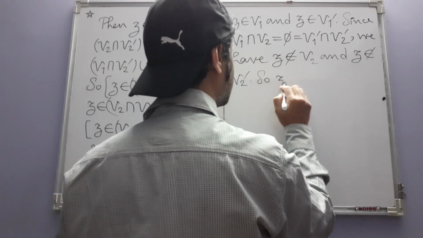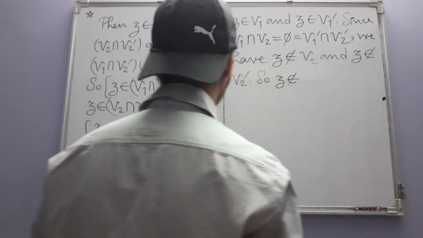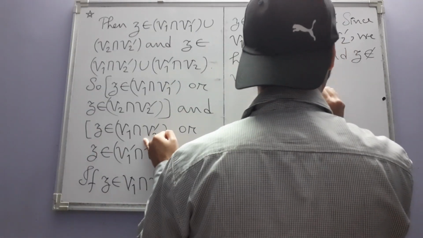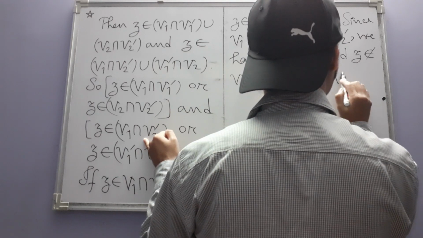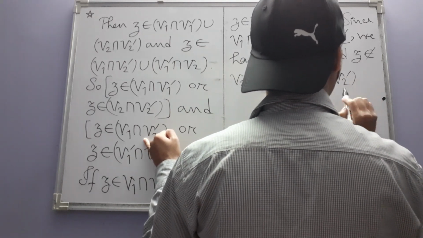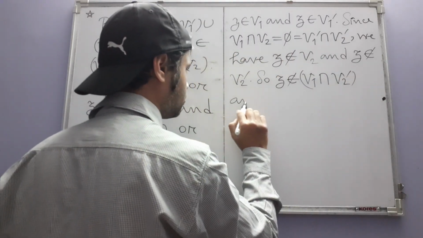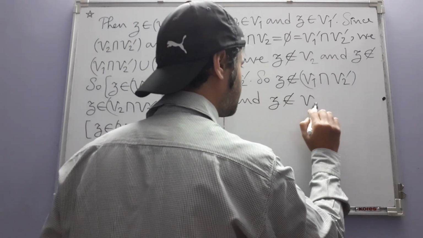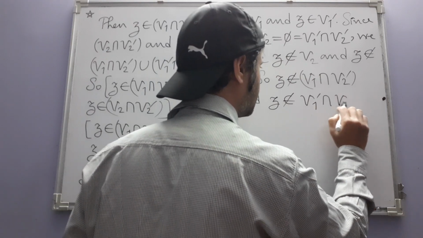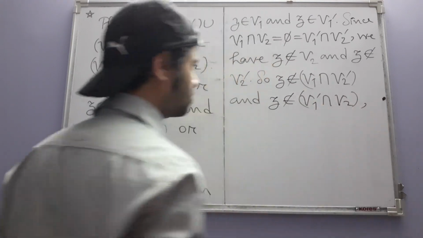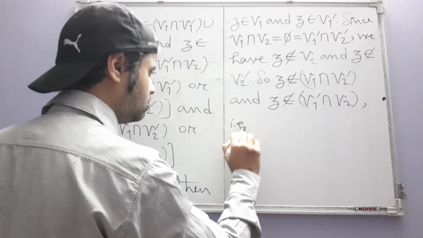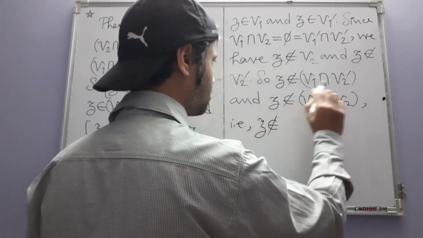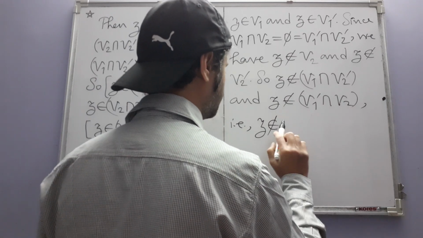So Z belongs to neither V1 intersection V2 prime nor V1 prime intersection V2, i.e. it does not belong to their union.